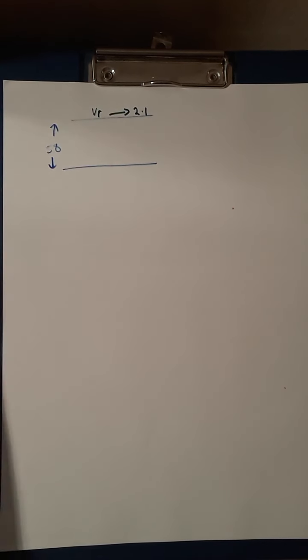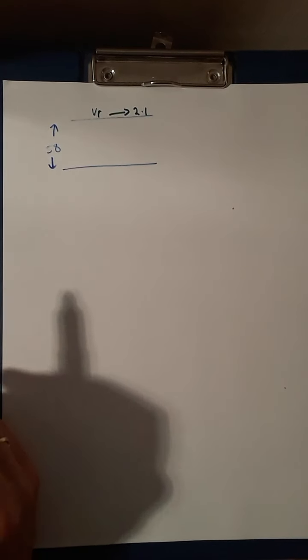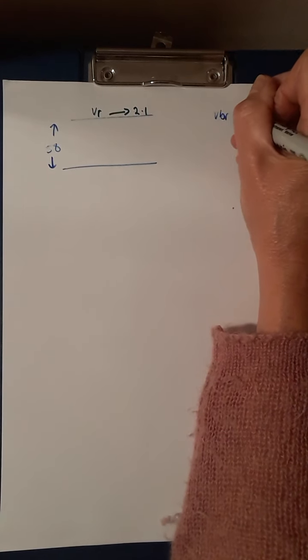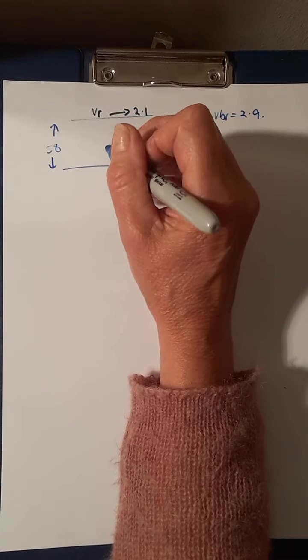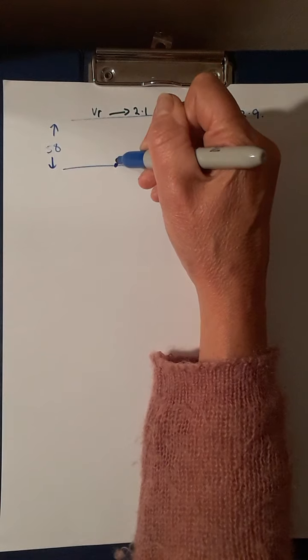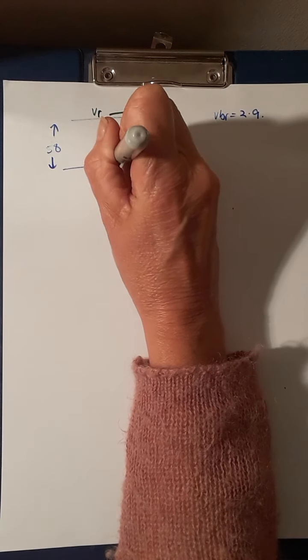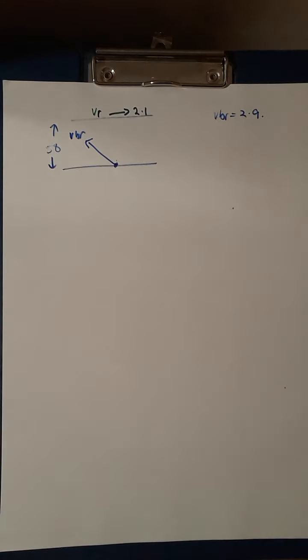Okay, so we know that the VBR is still going to be 2.9. Right, crosses by the shortest route this time. Okay, so if it crosses by the shortest route, it wants to go straight across. So here it is, it wants to end up here. That's where it wants to be, which means it's going to head up there in that direction, VBR. How long does it take to cross in this particular case?